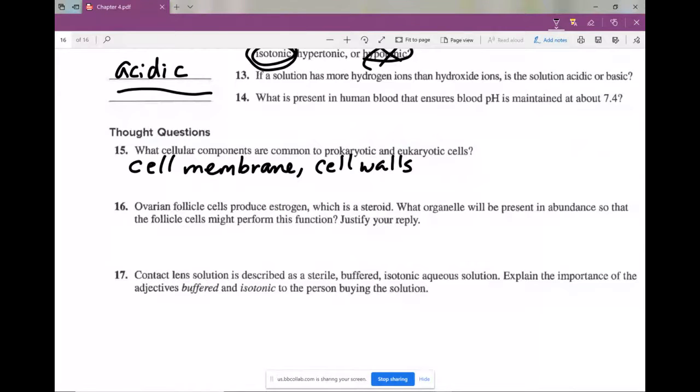We can broaden our minds and include plant cells and fungal cells, which do have cell walls as well as the bacteria, and many protist cells also have cell walls. And ribosomes is another thing. Ribosomes, all cells have to produce proteins, and ribosomes are essential for that.